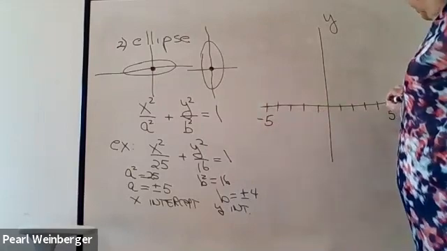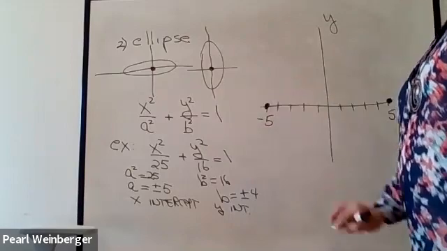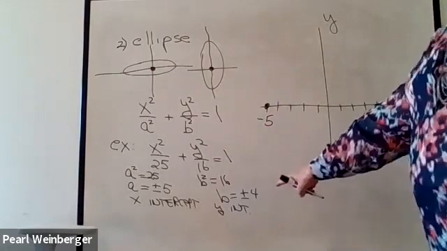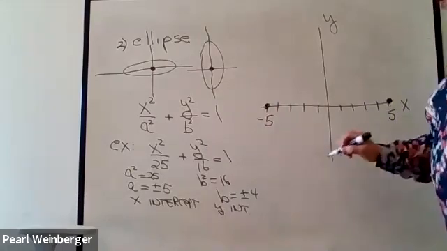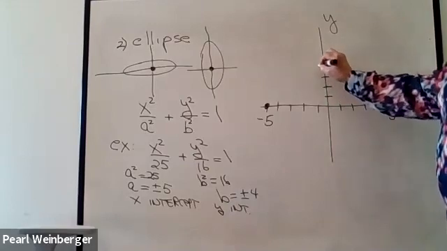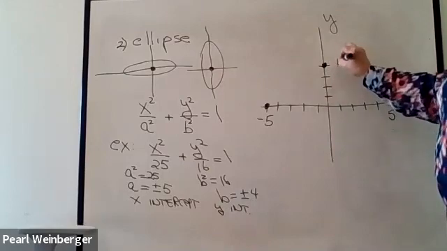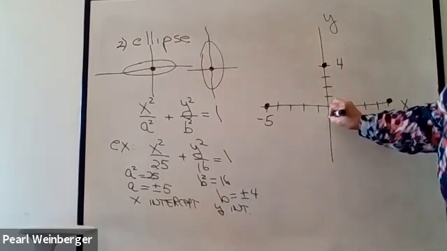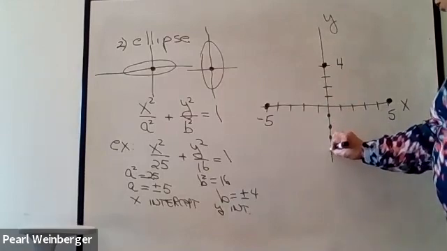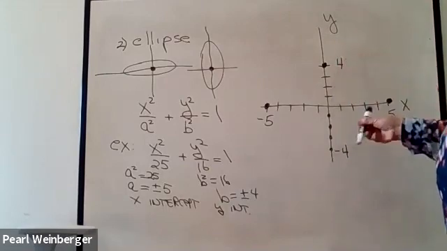These 2 points are where the ellipse is going to cross the x-axis. We said the y-intercepts are 4 and negative 4. So I go up 1, 2, 3, 4. And then I go down 4. The y-intercepts are 4 and negative 4.